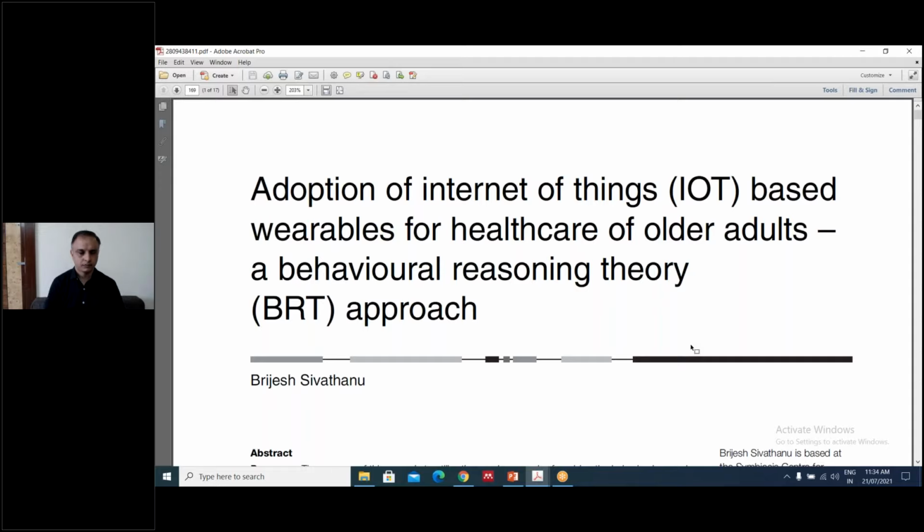Beliefs and values lead to reasons, reasons lead to global motives, and in global motives attitude is the one which is kept in Cloudy as well, because the paper I'm going to talk about is adapted from Cloudy's BRT model and not Westaby's model. So I have dropped subjective norms and perceived behavioral control in my model, and from there we talk about intention, and from intention we talk about the behavior.